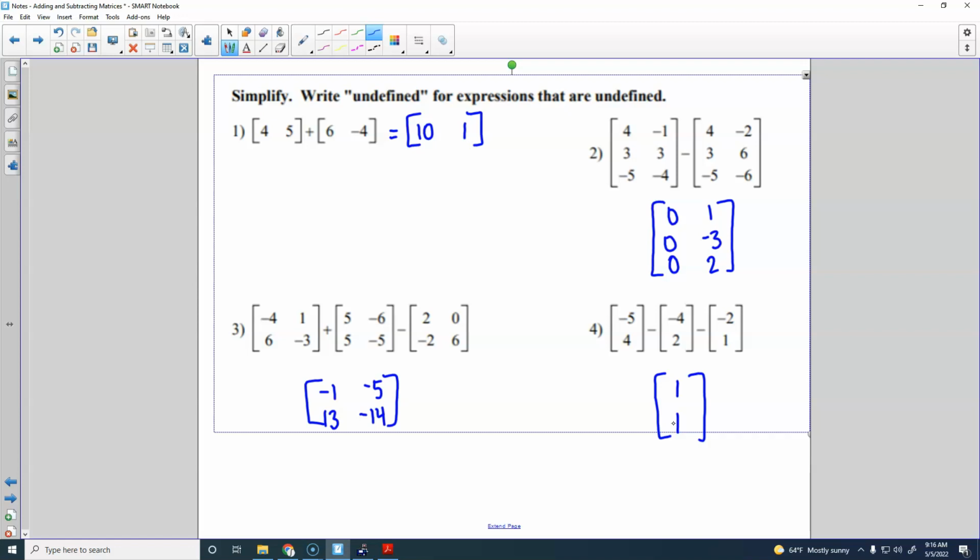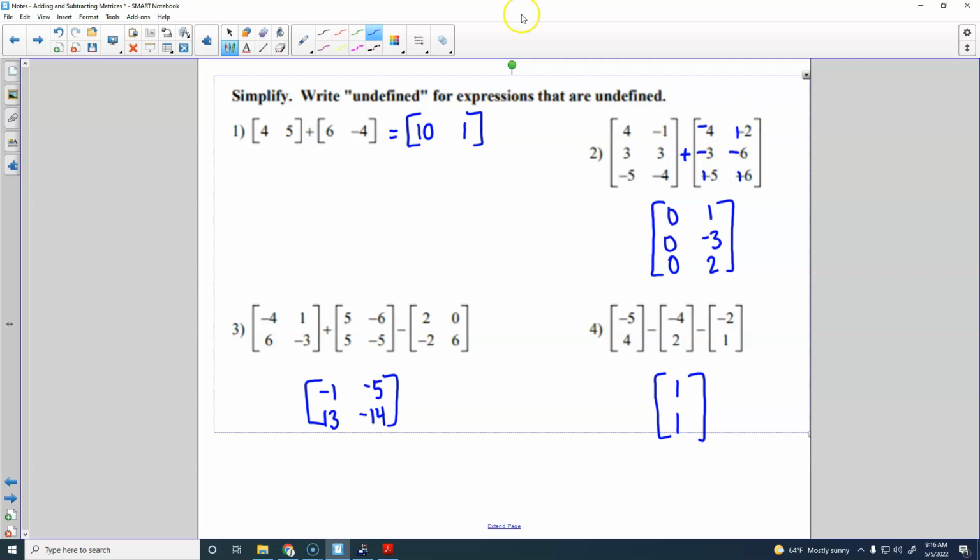To me, what's most difficult is when you're subtracting. So you've got like -1 minus -2. So -1 minus -2 is really like -1 plus 2, which gives you 1 right there. So be careful. One thing that you can do, if the negatives are tripping you up, you can take that and make it a plus sign as long as you change the signs of everything in the matrix.